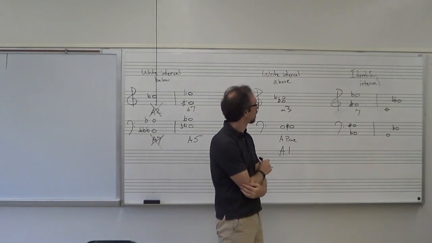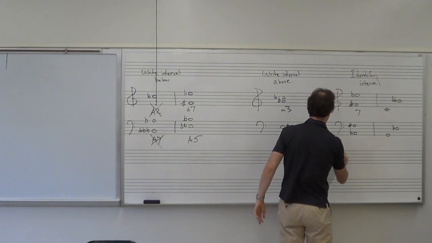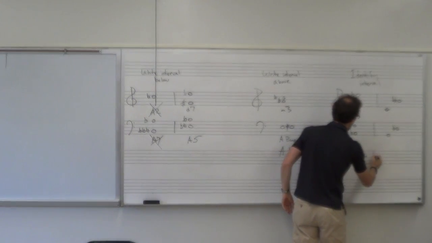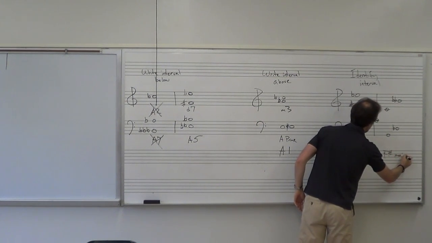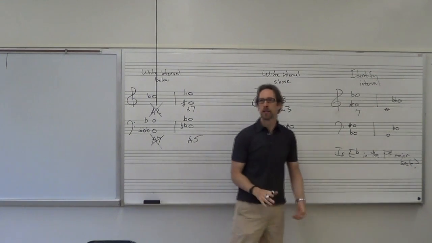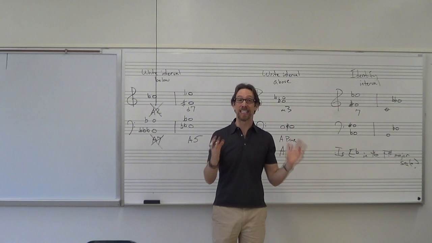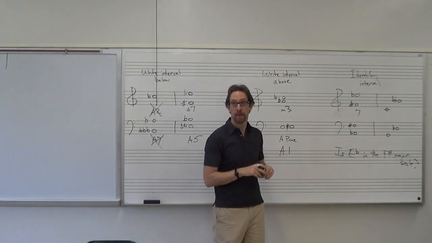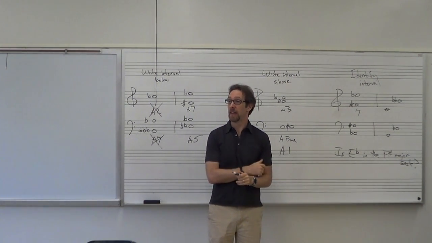Then you ask the question: is E flat in the F sharp major scale? The answer is definitely not. You never have sharps and flats in the same major scale. So we know it's not. Well, what type of E do we have in the F sharp major scale?